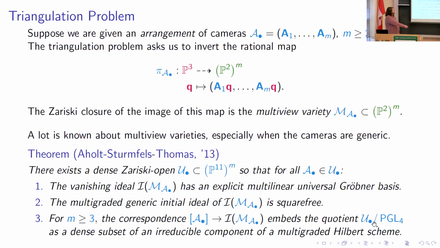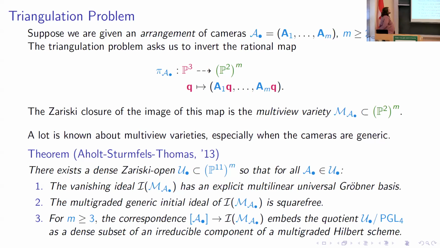So I can associate an equivalence class of camera arrangements with the ideal of the multi-view variety, which doesn't change if I multiply A by H inverse. What this gives you is that it realizes the quotient of this open set as a dense open subset of some multigraded Hilbert scheme. So sorry, it's dense in an irreducible component of that Hilbert scheme.